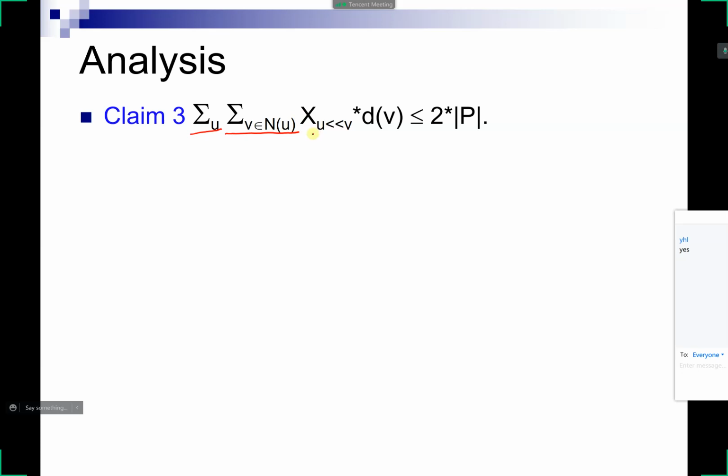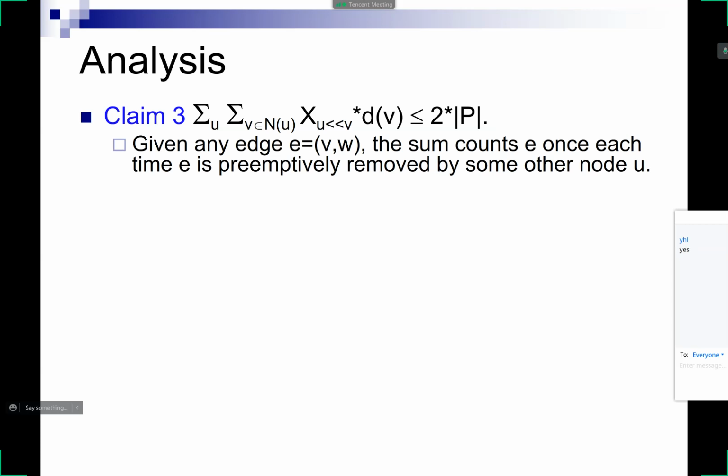Then it's looking at whether this node U preemptively removes this neighbor V. And if U preemptively removes V, then we multiply this by D of V, because whenever U preemptively removes V, it's going to take out D of V edges. Then we're going to show that this sum is actually not too large. It's at most 2 times the number of preemptively removed edges, 2 times P, where P is the set of preemptively removed edges.